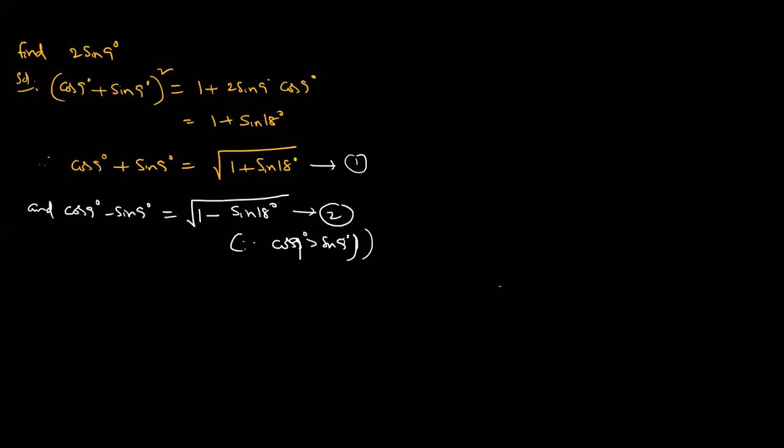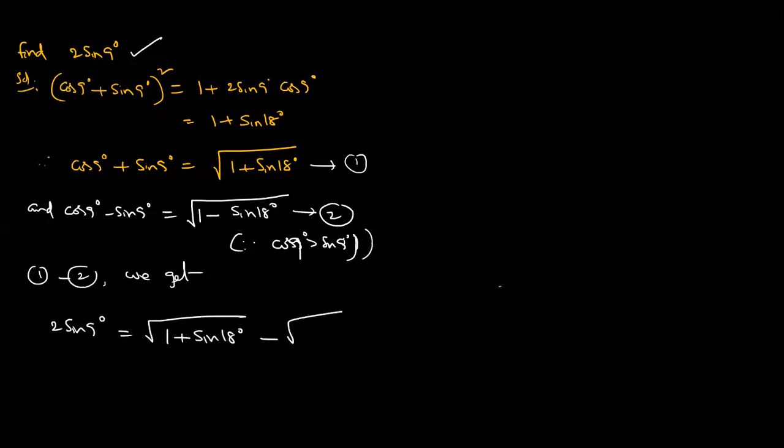Now come to the question, what they're asking, 2 times sine 9 degrees. What would be here? If you're doing like this only, cos 9 cancel. 2 into sine 9 degrees is equal to root over 1 plus sine 18 degrees minus root over 1 minus sine 18 degrees. Now see, anyone, what is the value of sine 18 degrees?